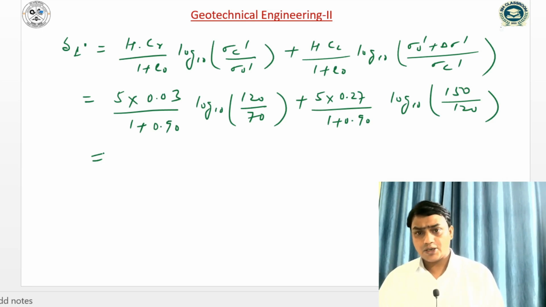So compute the values individually. It will be 5 into 0.03 divided by 1.9 into log 120 by 70.